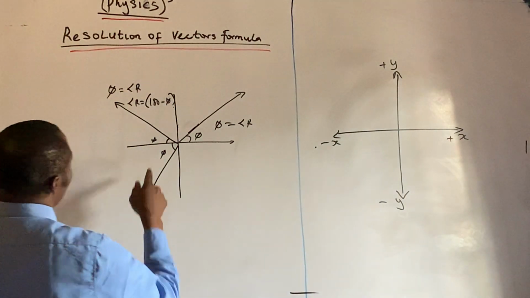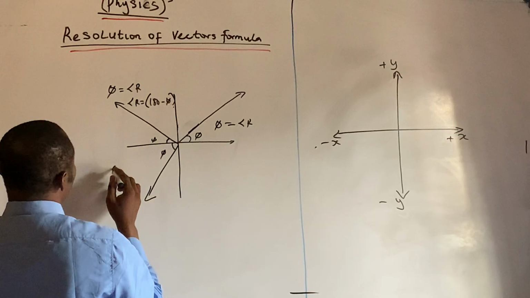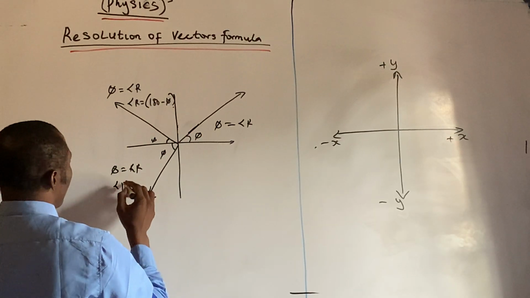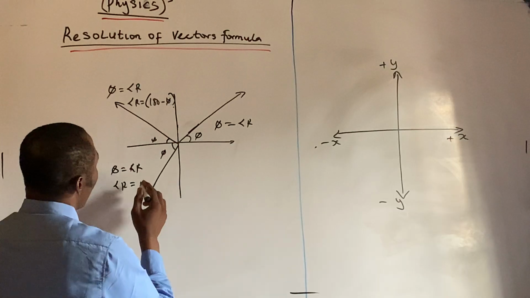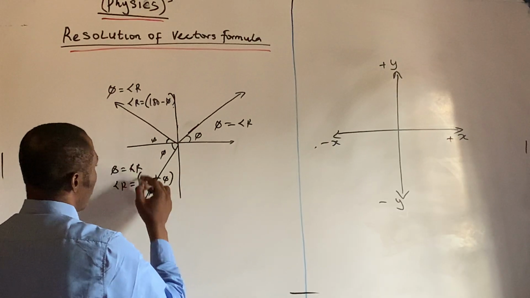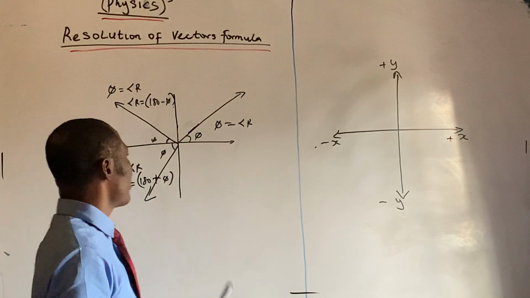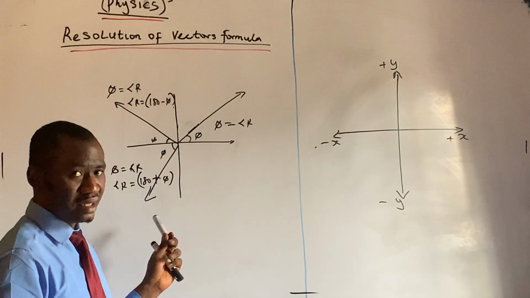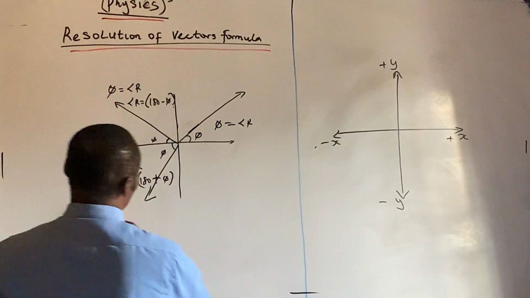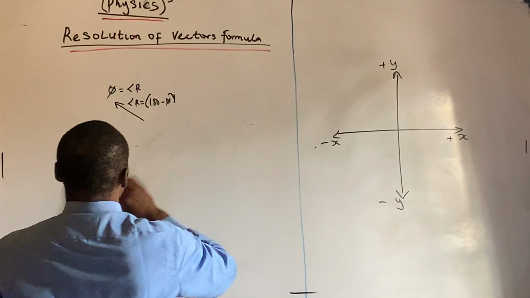But when you come to the third quadrant, the reference angle is simply theta minus 180, so 180 plus theta gives you the angle at this place. Although we have a video on that, you can check out that video for the clearer explanation.